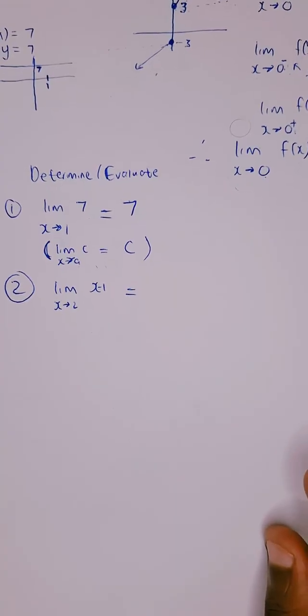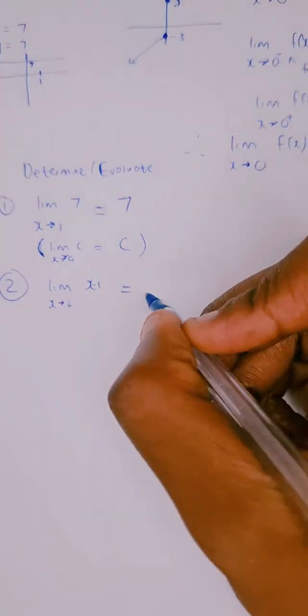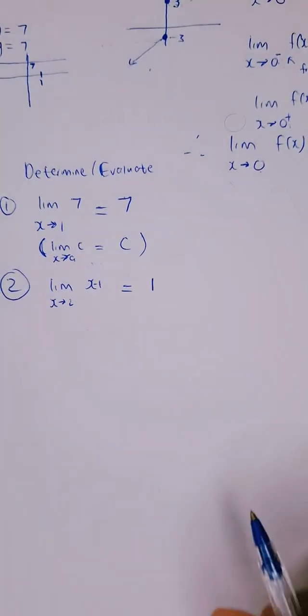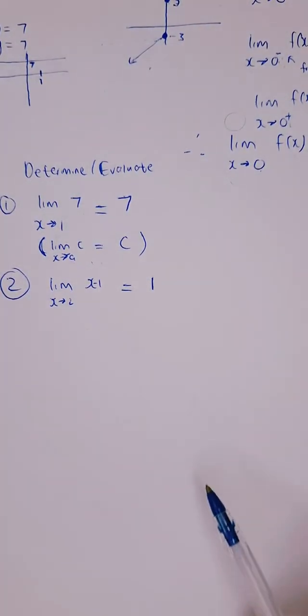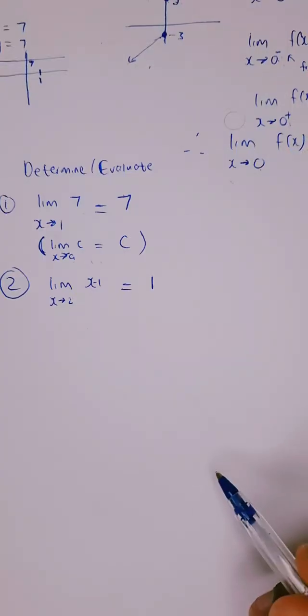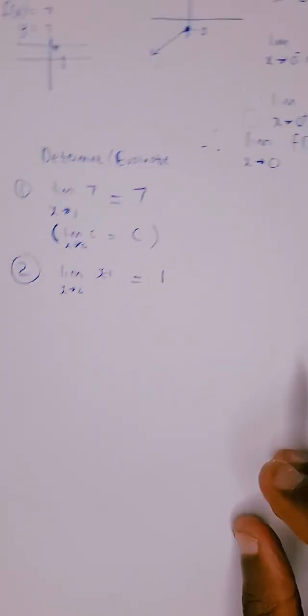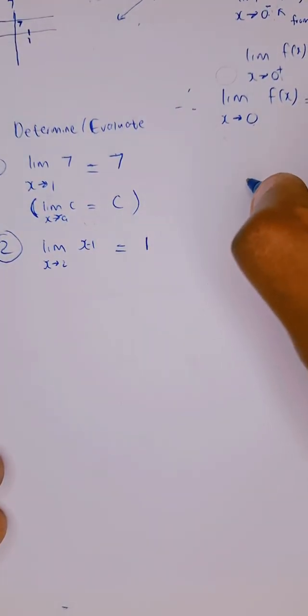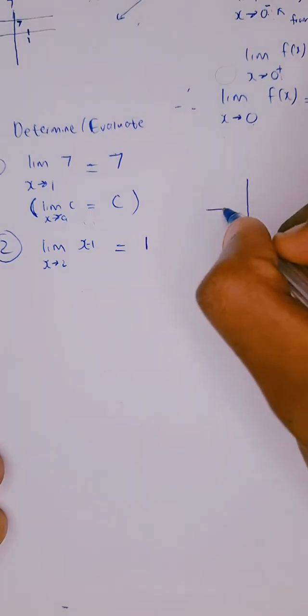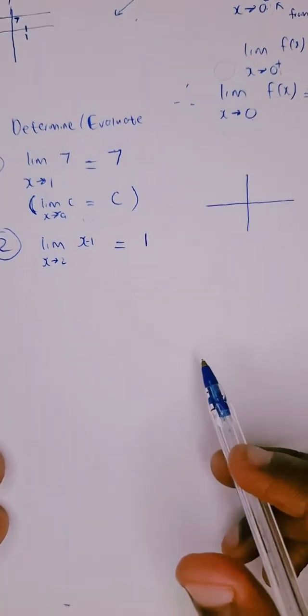Kuhle konke, surprisingly enough, with your struggle, your answer is correct. The limit of x minus 1 as x approaches 2 is 1. Why is that the case? Graphically, we can make sense of this if you want to really think about it practically. Here is our Cartesian plane.